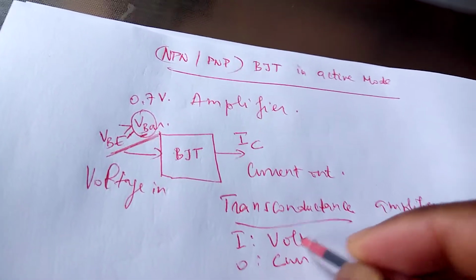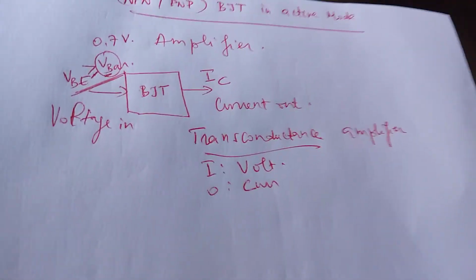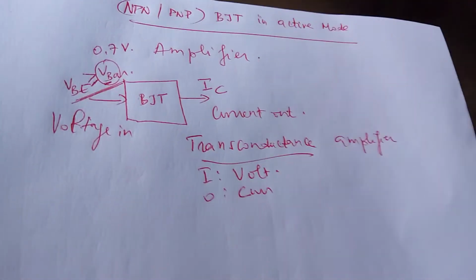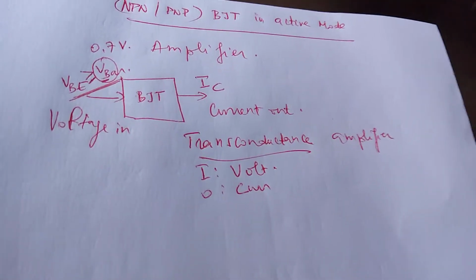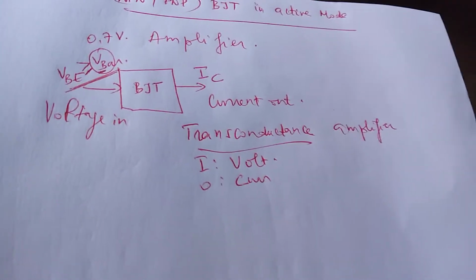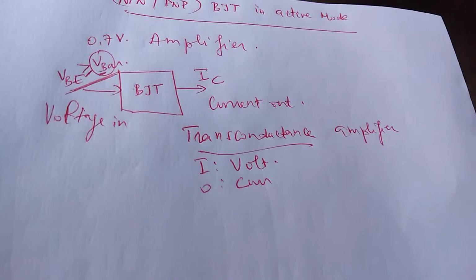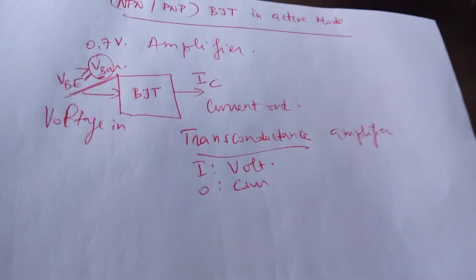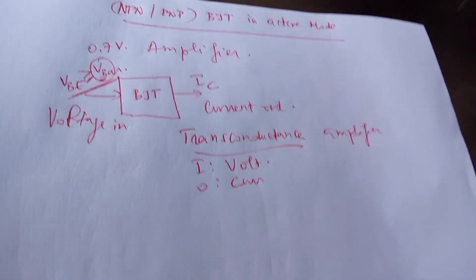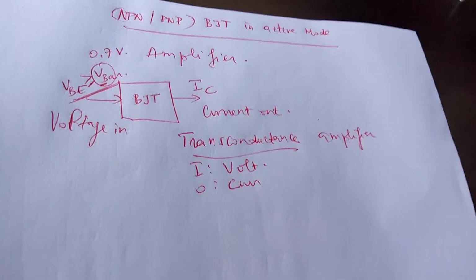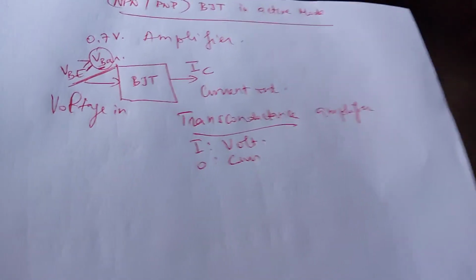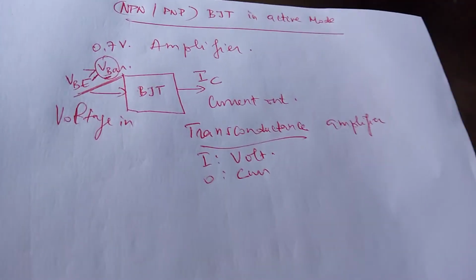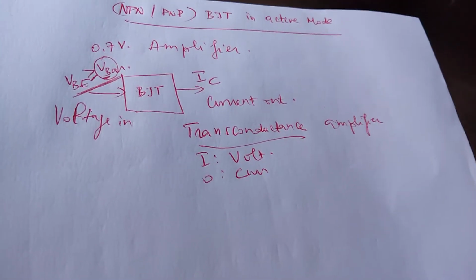A system to which you apply voltage and get current is a transconductance amplifier. And why amplifier? Because we are applying a small VBE, about 0.7 volt, in order to get a much bigger collector current IC. I'll spare you the physics, although we did this in class when we were still having contact.